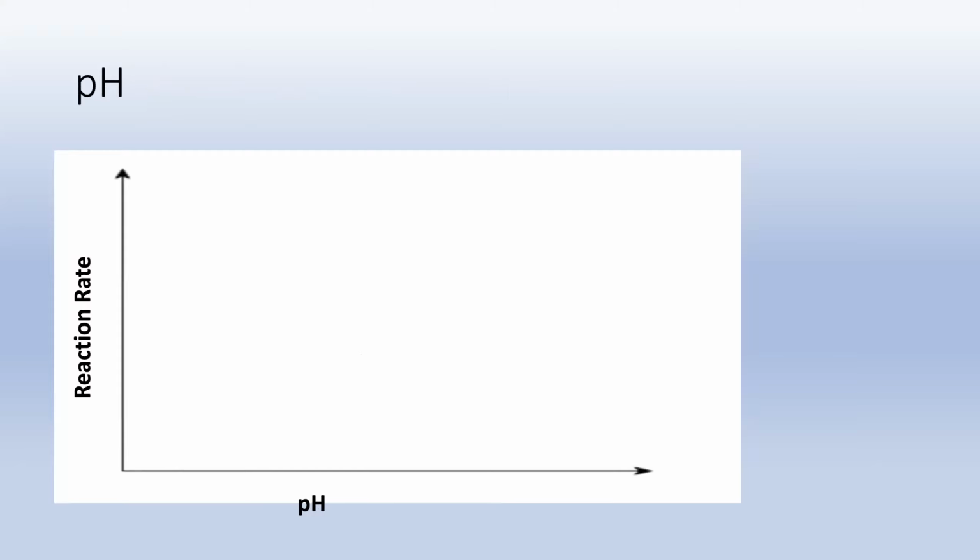That moves us on to pH. pH is another environmental factor. If we think here of a pH scale, we have 0 to 14. So here would be about 7.